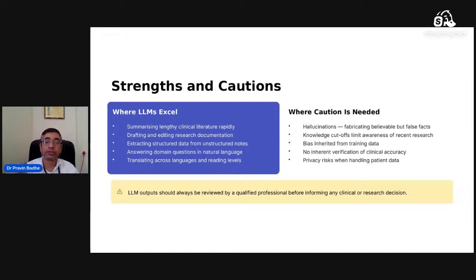Now, with this, the cautions also come. One of the cautions which we discussed yesterday is hallucination, which is actually fabricating content, because the model is a generative model, and if it's not connected with web search or if you're not using the paid model, then there will be fabrication of data and hallucinations will be produced.